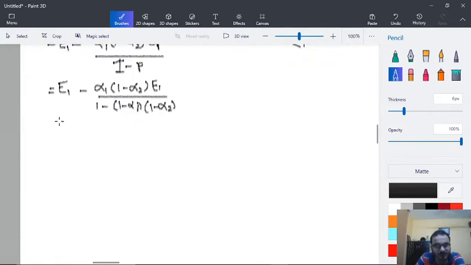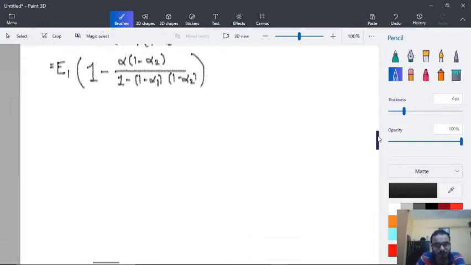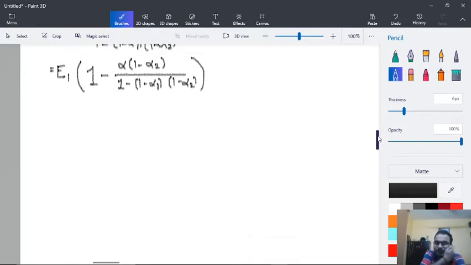So now we can take E1 common into 1 minus alpha 1 into 1 minus alpha 2 divided by 1 minus alpha 1 into 1 minus alpha 2. Now as per Kirchhoff's law, we can replace alpha with emissivity epsilon.